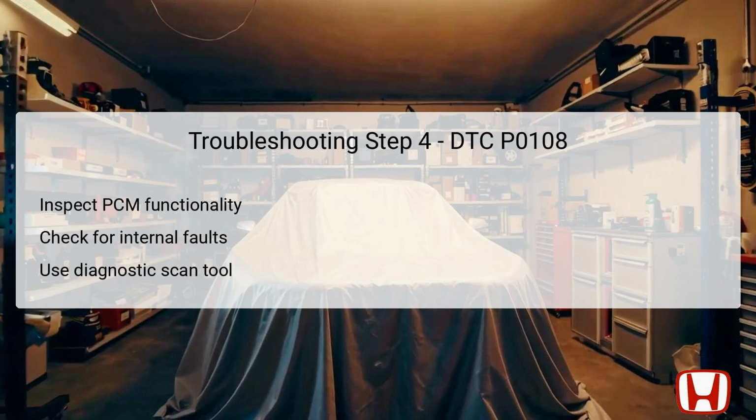Inspecting the connections to the PCM is also essential, as loose or corroded pins can lead to communication failures with the MAP sensor. If all preceding tests yield normal results, yet the DTC persists, the possibility of an internal PCM malfunction must be considered, warranting further specialized diagnostics or replacement.